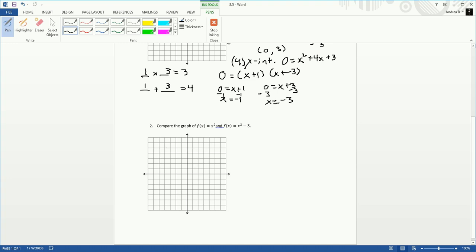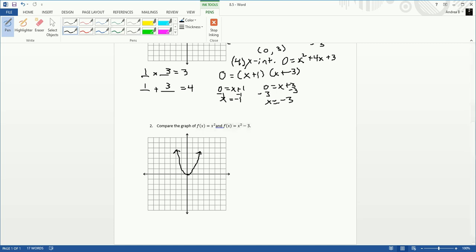The next one is a little bit quicker. All we're doing is comparing these two graphs. I'll do the original x squared graph in black here. The original x squared graph, you can also see this in the book, looks something like this. To get the exact values, you can certainly plug in different values for x to get the y coordinates.